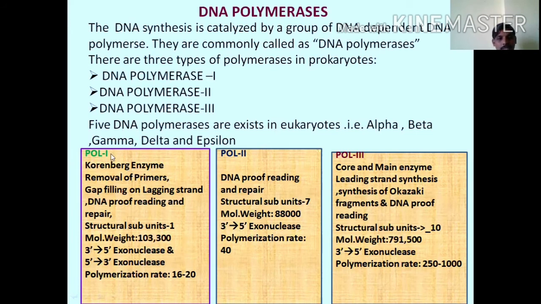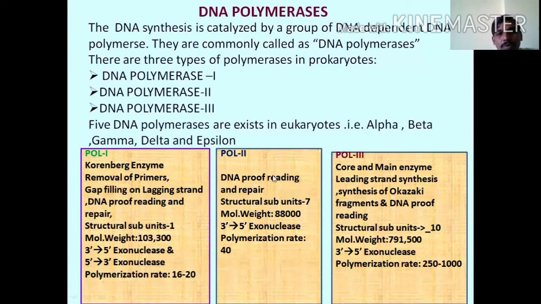But the extraordinary feature of polymerase 1 is 5 to 3 exonuclease activity. That means any mutated segment present in the DNA molecule will be immediately removed or cut by the action of polymerase 1. The polymerization rate is nearly 16 to 20 per second. Nearly 16 to 20 nucleotides are added to the newly synthesized strand based on the template information.